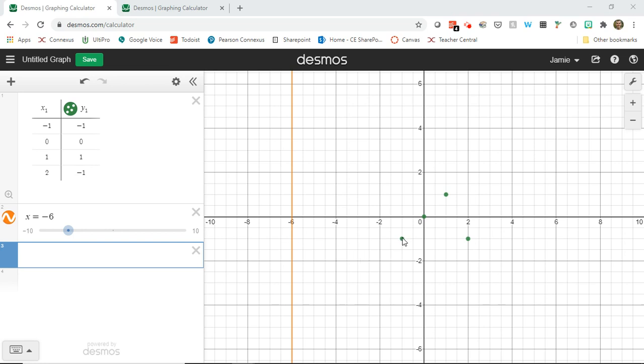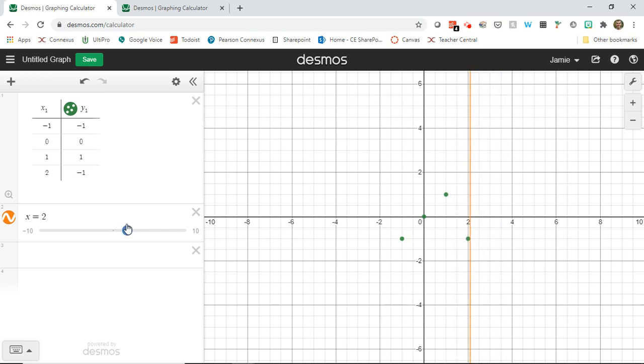Here's -1, 1, or excuse me, -1, -1. Here's 0, 0. Here's 1, 1. And here's the point 2, 1. And so I also have this vertical line. And so what the vertical line test does is if I cross this past those values, notice that it never touches more than one of those plotted points at a time.